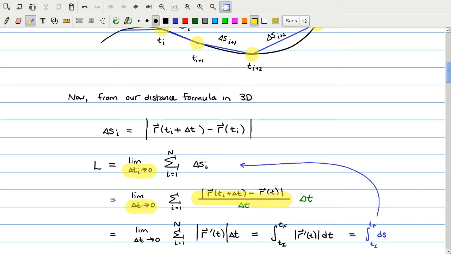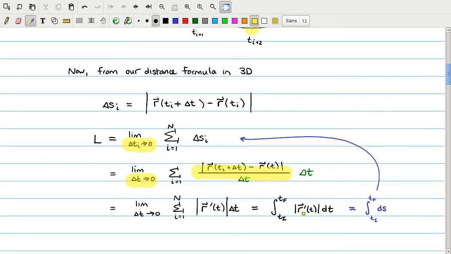So in that limit, this piece right here becomes the magnitude of r prime of t times delta t. And then the sum is converted into an integral in the limit delta t goes to 0. So we get the integral over the parameter values from ti to tf of the magnitude of r prime of t dt. And this is our formula for arc length, right here.